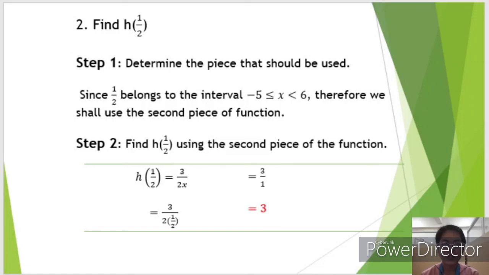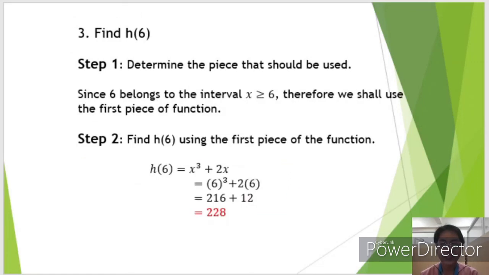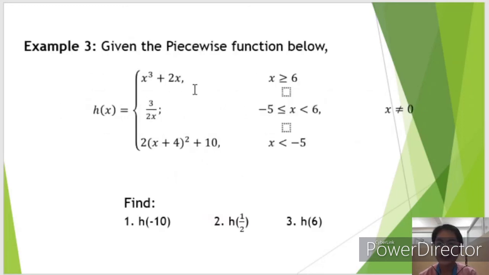Next example is h of 6. So, h of 6 or 6 belongs to the interval x is greater than or equal to 6. Since merong equal yung ating symbol dito, pwede natin gamitin ang ating first piece of function. So, our first piece of function is x cubed plus 2x.